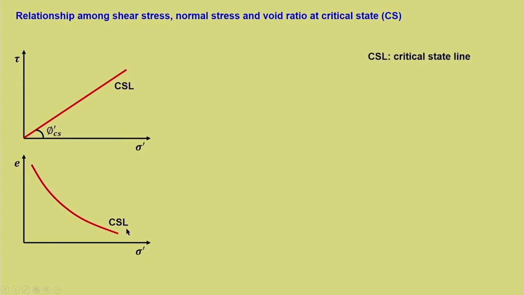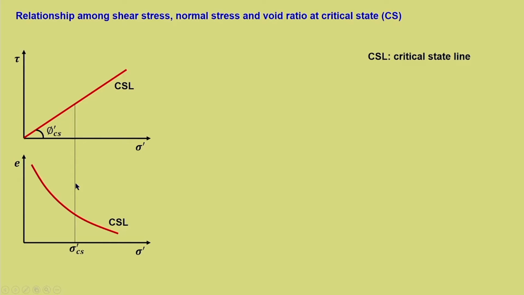So, that line is the critical state line in e versus sigma dash. When you start loading, we can find a particular point where the soil would fail, and that particular point has e CS and sigma dash CS corresponding to critical state. So, the locus of all those points is what is denoted by CSL in e-sigma dash.